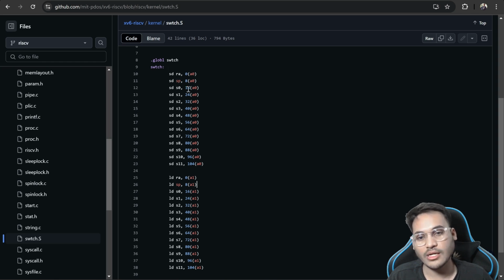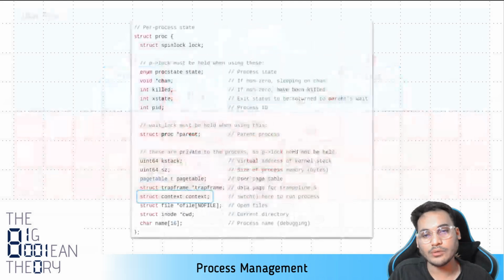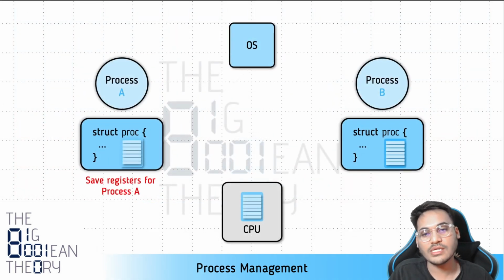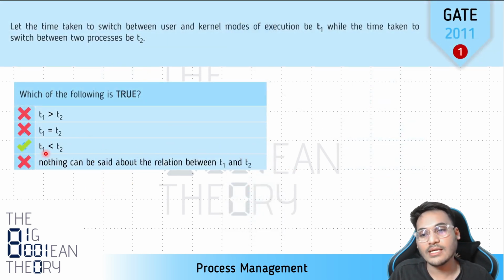So this will take time. You're storing register values in memory, and you're also loading them. These are memory operations and many of them, so this will take time. Obviously switching between kernel and user mode is faster and instant compared to switching between two processes, which requires storing and loading several registers. So the answer is T1 would be less than T2.